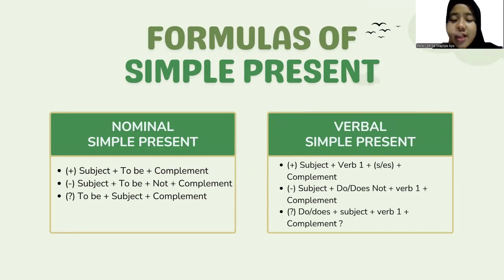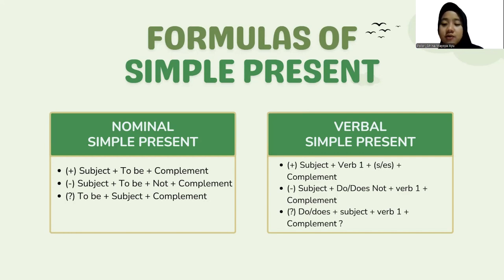The negative is subject plus to be plus not plus complement. And for the interrogative, we have to be, subject, and complement. Just a very basic form of how tenses are used: the positive, the negative, and the interrogative.